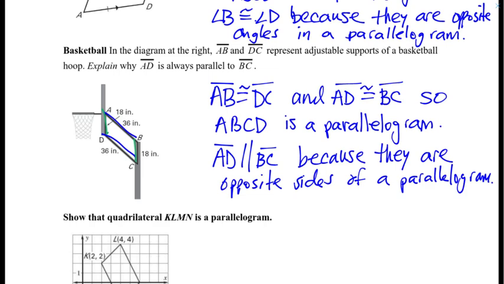And when you're explaining these or justifying them, you don't need to really cite any theorem numbers or names or anything like that. We just want to make sure that our descriptions are clear and accurate, and we want to make sure that we're always getting this first part proven, which is that it is a parallelogram. Because we have to prove that it's a parallelogram before we can then talk about characteristics of a parallelogram.